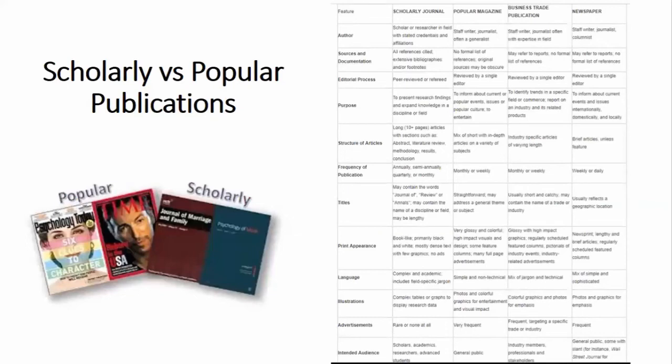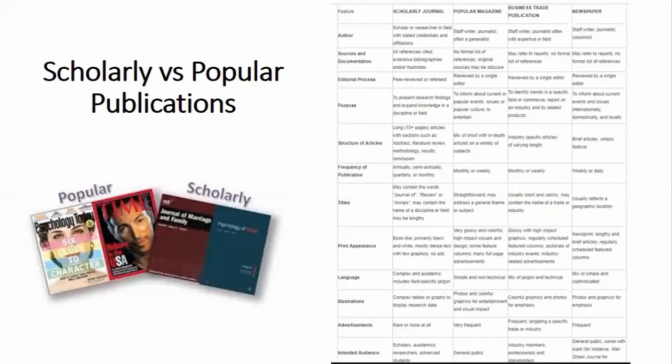Okay, and we also have to be aware that there are scholarly and popular publications. For an academic article, you would probably be inclined to use a scholarly journal because the articles are peer-reviewed. A scholarly journal tends to focus only on academic topics.